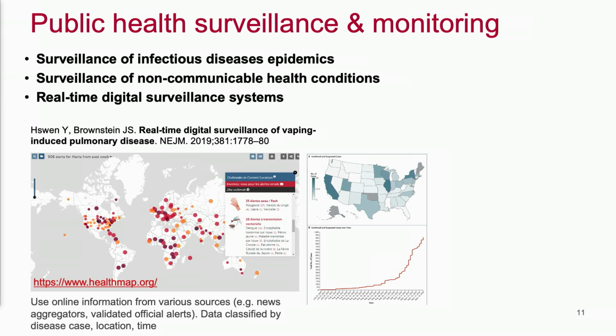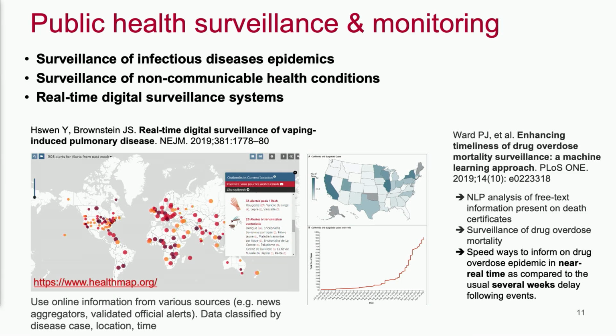So there are some health conditions that can be accessed over the world, depending on location and time, where some alerts could also be shown depending on the information available over time. And they used this platform also to collect information more specifically on vaping-induced pulmonary diseases in the US, with differences that could be observed by region, and showing also over time a very clear increase in the number of cases of pulmonary diseases linked to vaping.